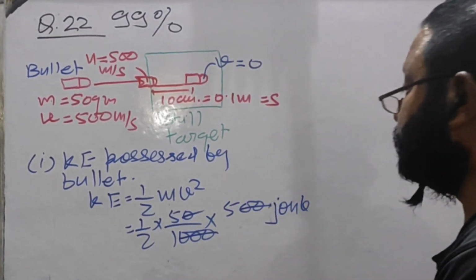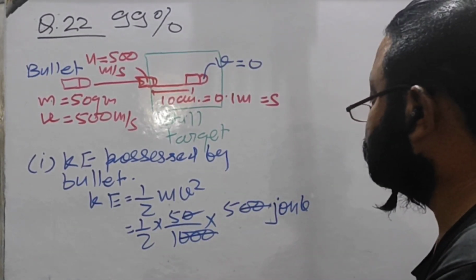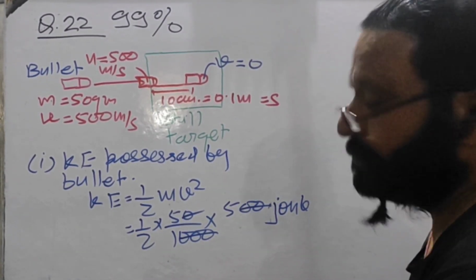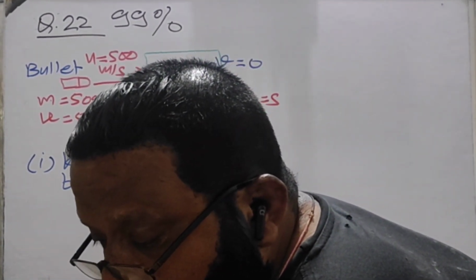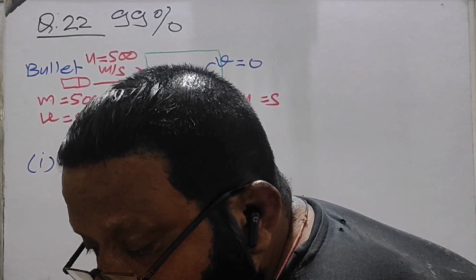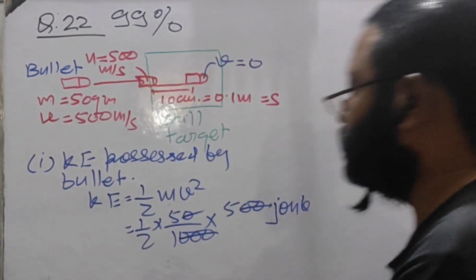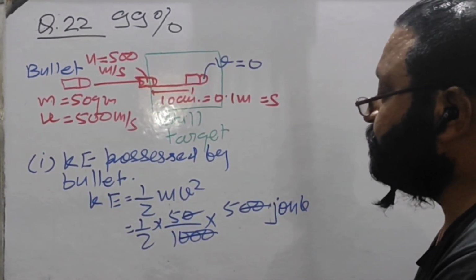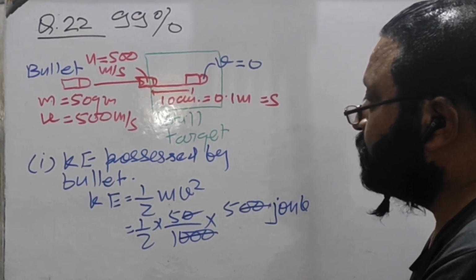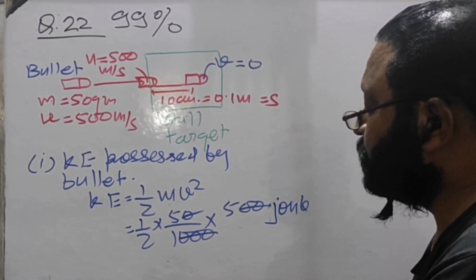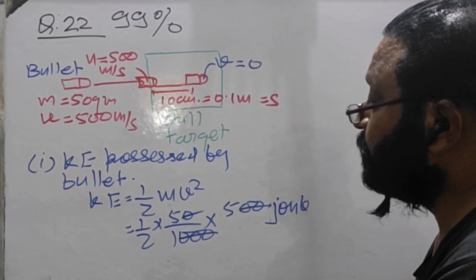Oh my god. Don't get worried, man. Why are you so worried? So kinetic energy, mass is 50 gram, so 1000.